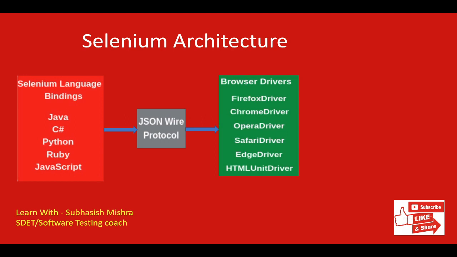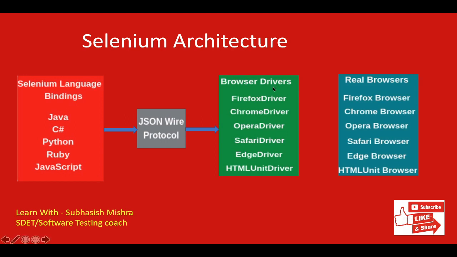If you are using Firefox, then you need to use Firefox driver or Gecko driver. Here I can show you. This is the browser driver and these are the real browsers. For Firefox driver, it is the Firefox browser; ChromeDriver, the Chrome browser; Opera driver, Opera browser; Safari driver, Safari browser. Like that.